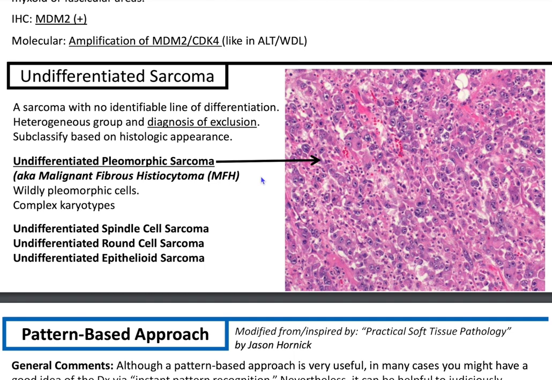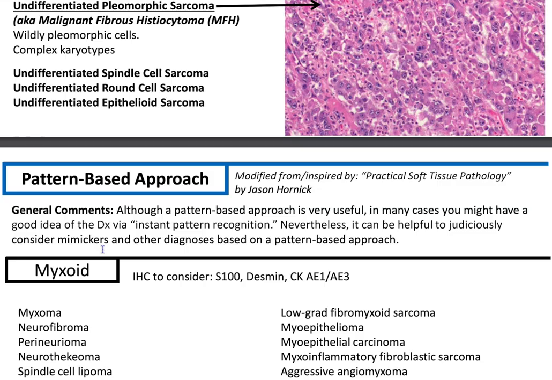You shouldn't see any rhabdoid kind of appearance. It's a diagnosis of exclusion, and we subclassify based on histologic appearance. So you have your undifferentiated pleomorphic sarcoma, undifferentiated spindle cell sarcoma, undifferentiated round cell sarcoma, and undifferentiated epithelioid sarcoma.